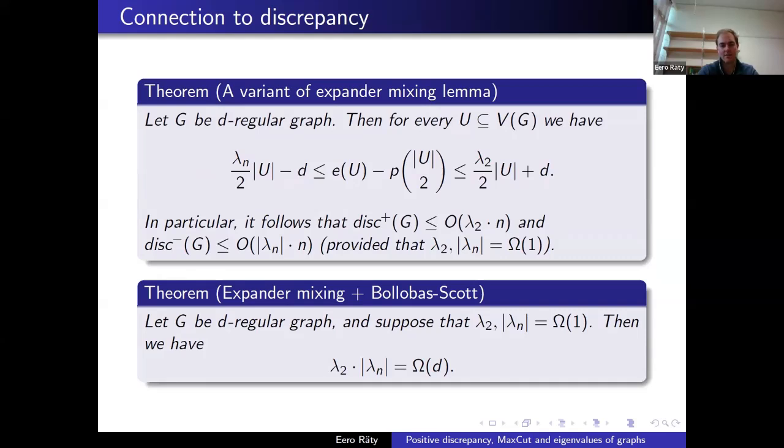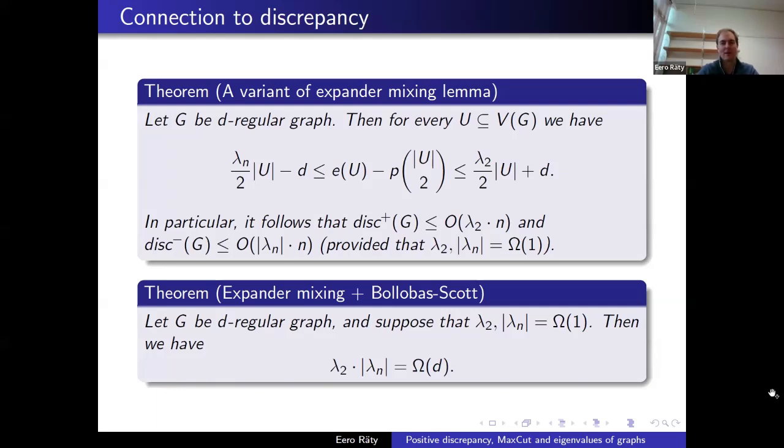And this implies that the positive discrepancy is upper bounded by lambda 2 times n, and the negative discrepancy is upper bounded by lambda n times n. As appropriate, I mean the absolute value of lambda n instead of lambda n.